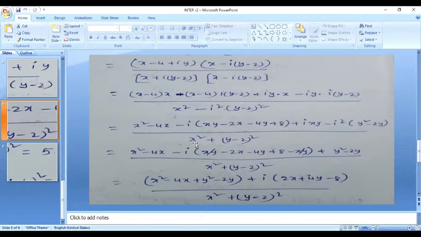Now the denominator: x square as it is, minus i square. In the last class we observed that i square is minus 1, so minus i square is plus 1, into (y minus 2) whole square.